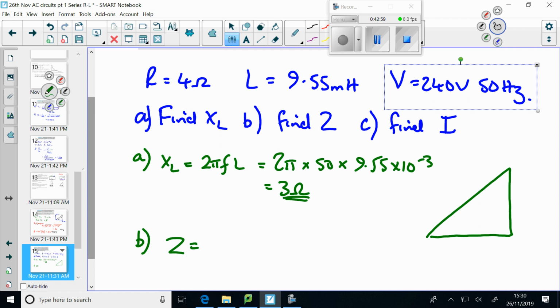We're trying to find the impedance. Which one is the in-phase component in terms of impedance? Which one goes horizontal on the impedance triangle? R, yeah. R on there. What's the vertical component? XL. So the hypotenuse is Z.